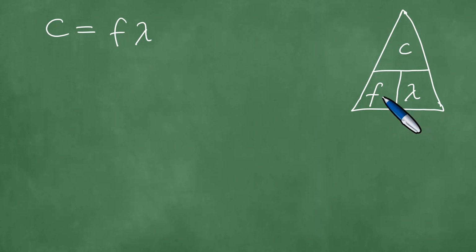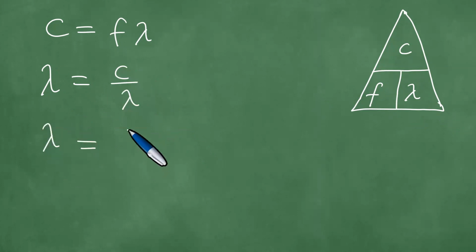So we continue. If you're looking at the fact that C equals F lambda, you can see from the triangle that lambda equals C over F. Right.